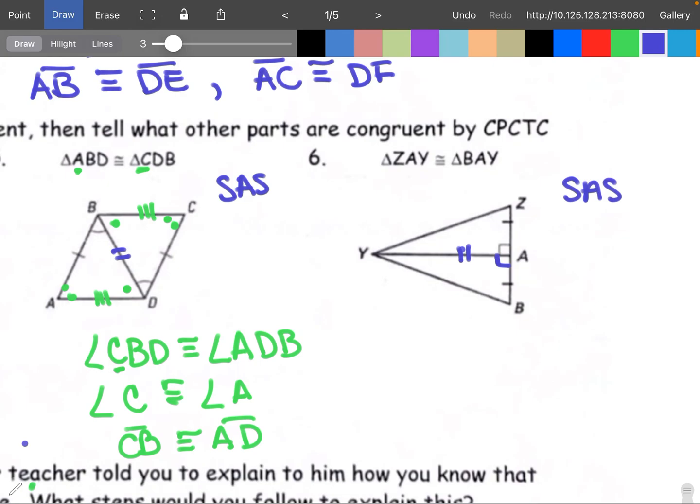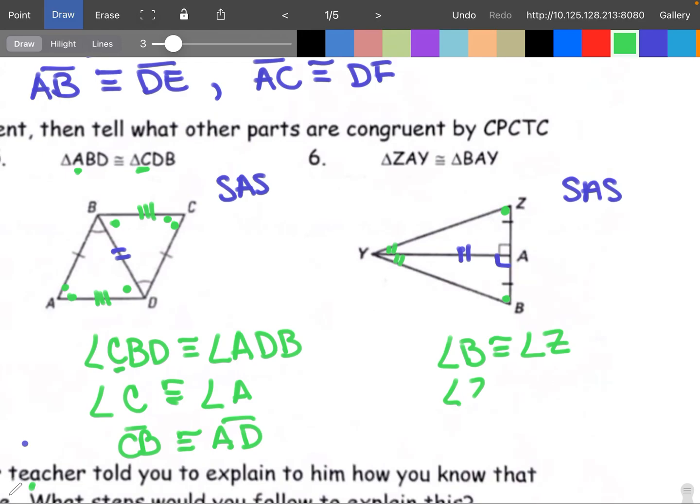Well, I know that angle Z and B are congruent because of CPCTC. So angle B is congruent to angle Z. Okay, I know that this angle is congruent to this angle, but I cannot name it angle Y. I have to use all 3 letters.